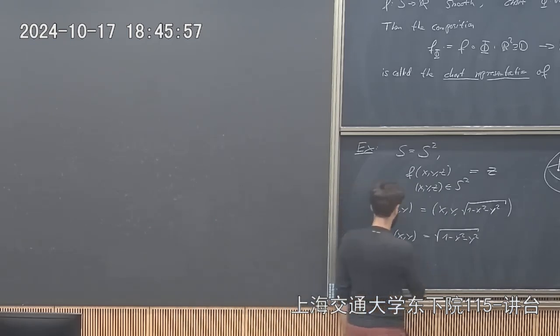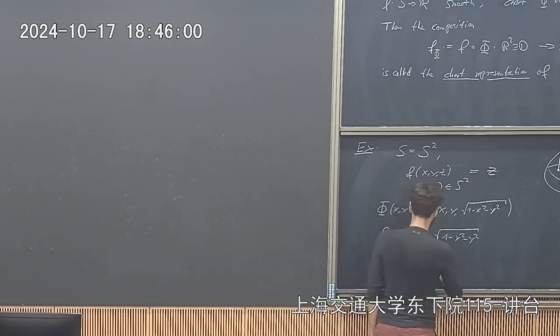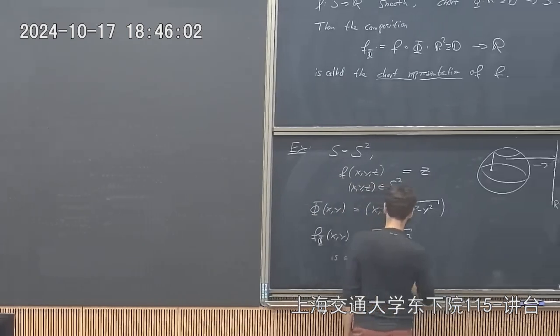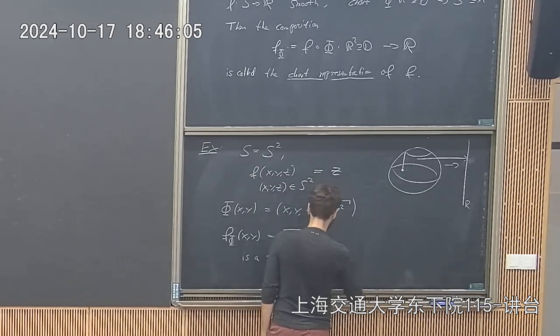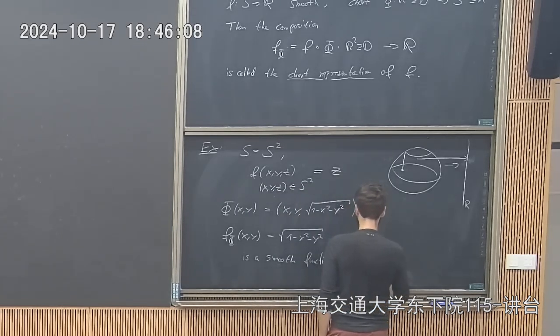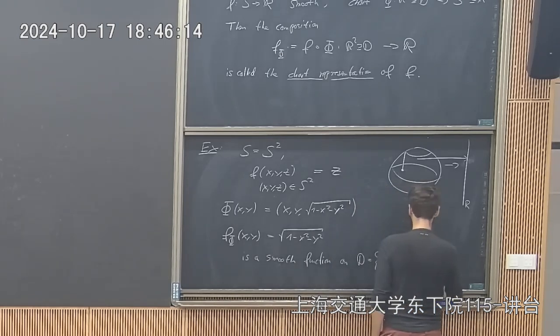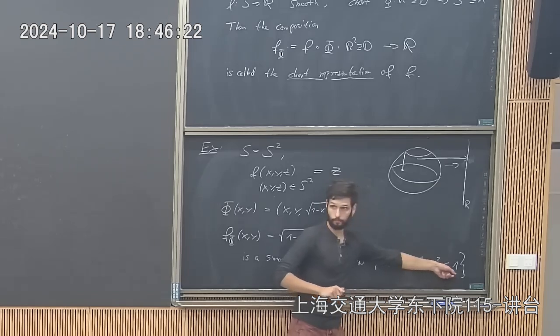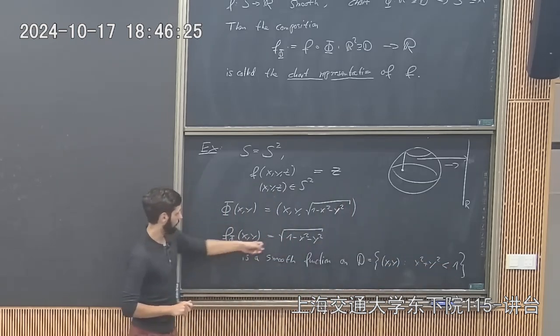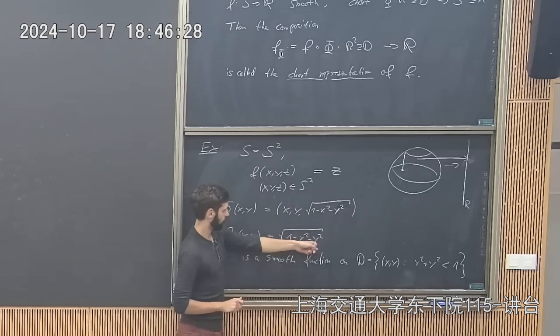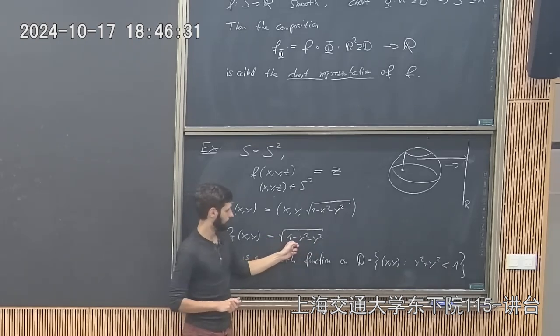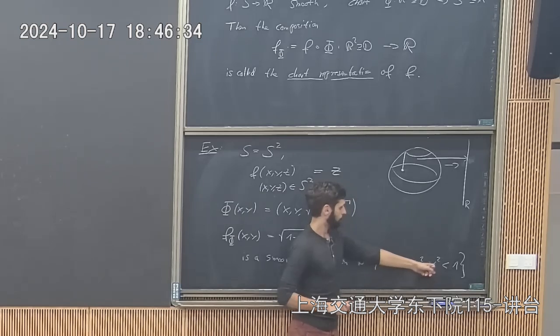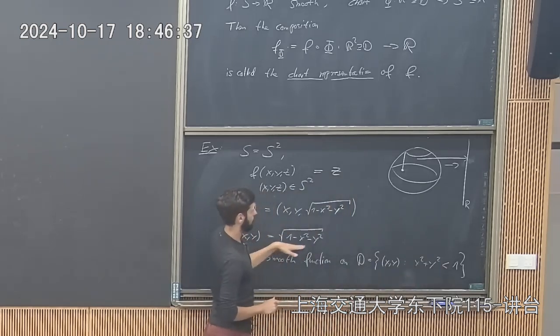And this one is a smooth function on D, which, recall, was defined to be all the points where x squared plus y squared was strictly smaller than 1. And it's important that it's strictly smaller than 1, because if you take the derivative of f, you get 1 over the square root terms, and at the points where x squared plus y squared would be 1, this function is not smooth.